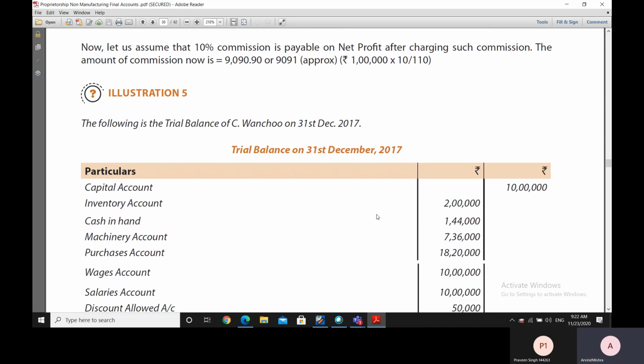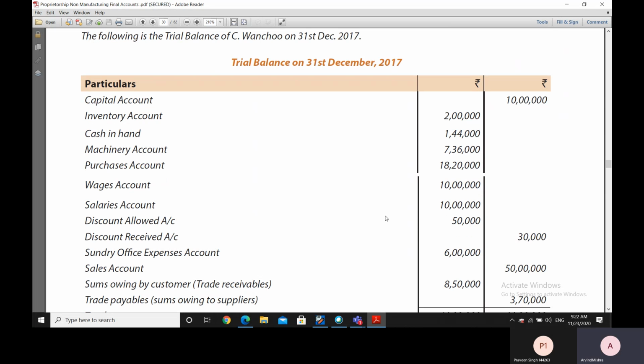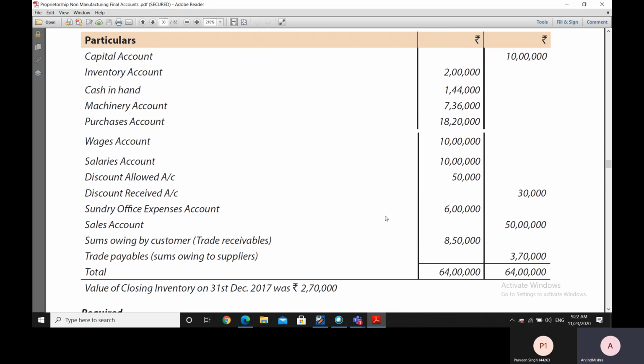Now let us say we go to illustration 5, and in illustration 5 we have been given a trial balance. This is called trial balance of C12 on December 31st, 2017. And we are seeing a number of entries here of the trial balance.